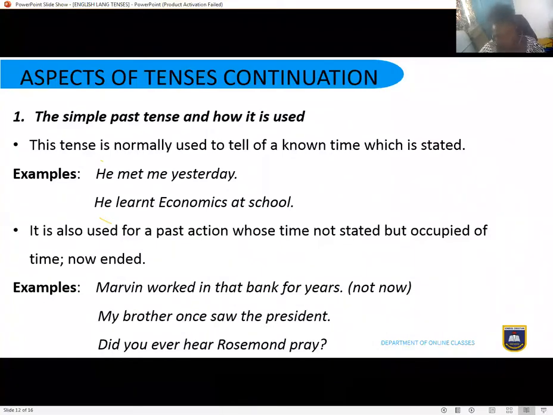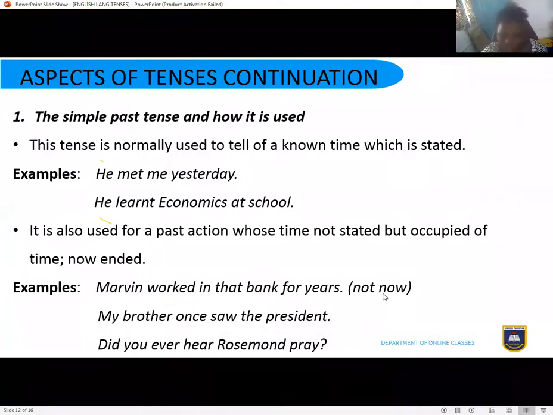But the action that occupied a period of time is given to us. So we can see that Marvin worked in that bank. So the period in which the action has taken place, which is what? For years, that is the only knowledge that we have here. Okay, can you hear me now?